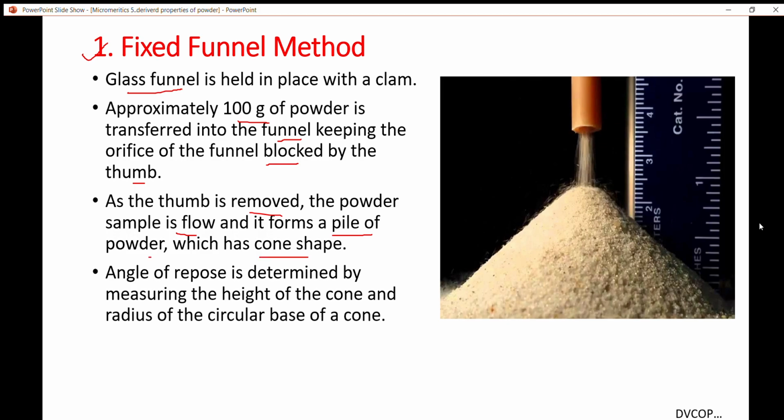In this image you can see the tip of the funnel, and when the thumb is removed from this tip, all the powder present in the funnel flows and forms a pile-like structure. Then the height and the radius of this pile are determined, and by using this height and radius we can easily calculate the angle of repose.